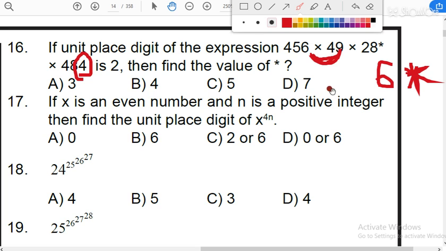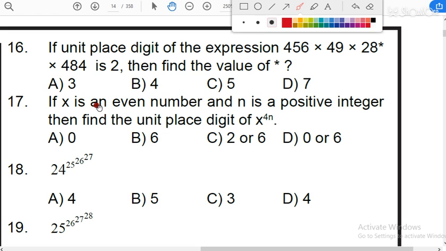So 6 into 7 is 42, so star will be 7. So 7 is the value of that star. I hope the question is clear.